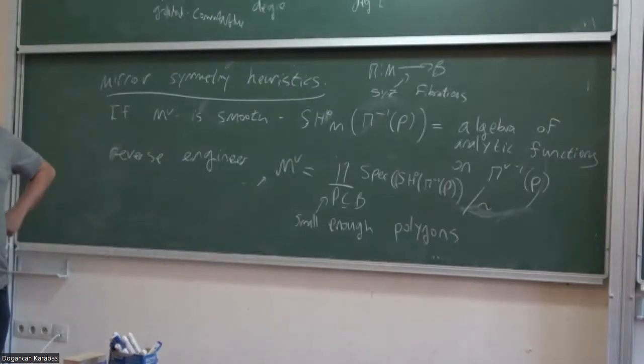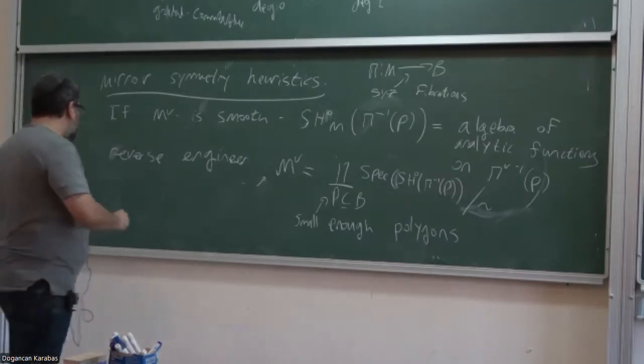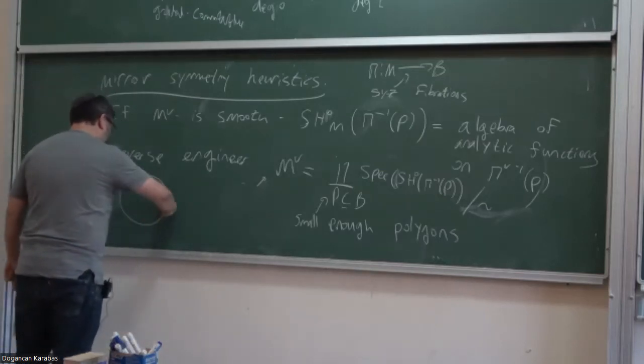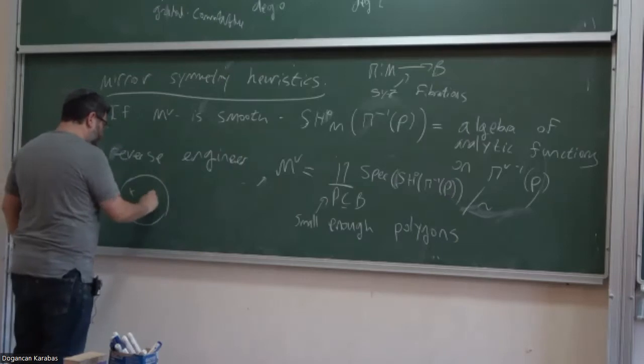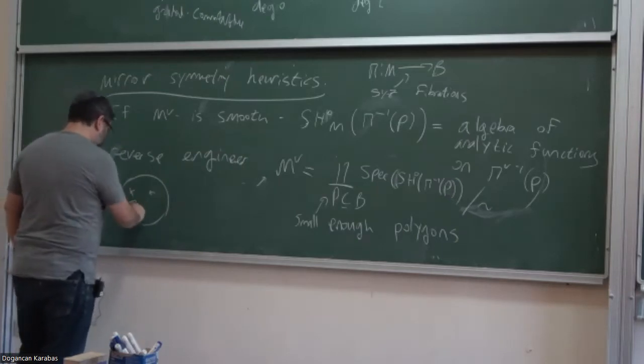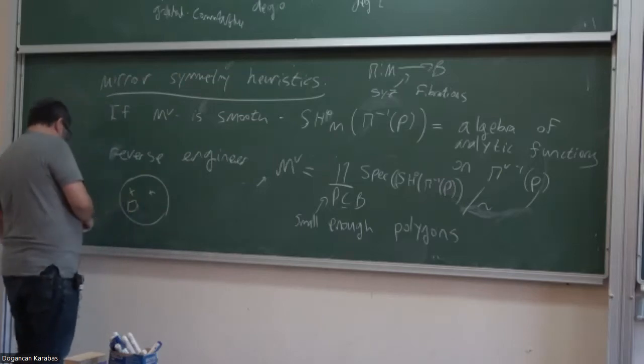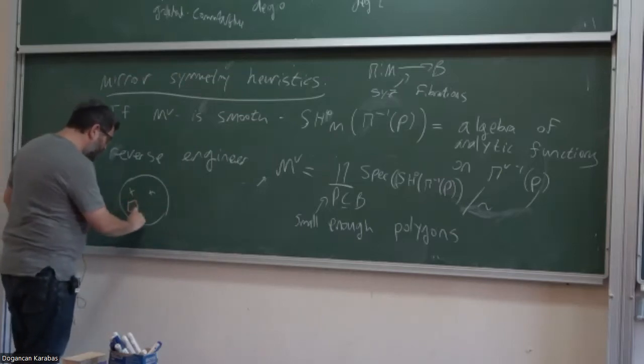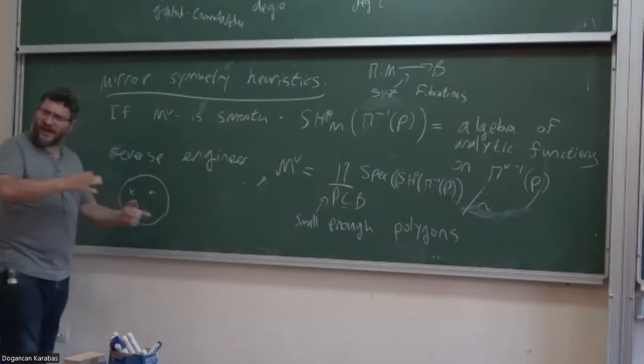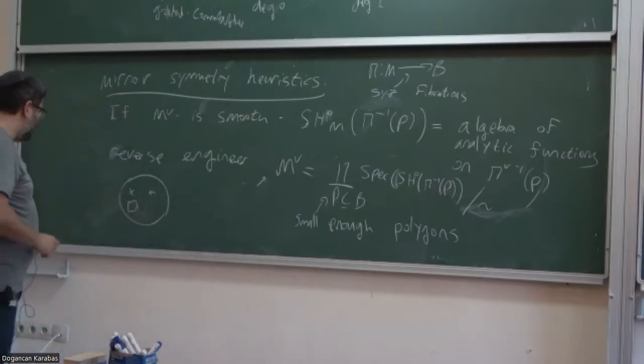Is the equivalence relation, what type of sets are you doing? So yes, think maybe of a K3 surface, and then we have a cover, and I'm requiring that we look at small enough polygons, and the polygons should be convex and so on.